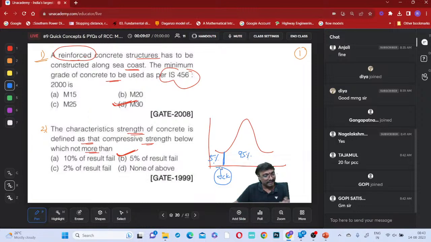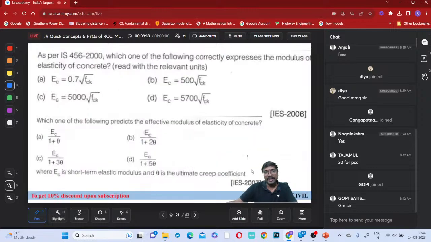Then you can call it this: the characteristic compressive strength. Is it clear, everyone? That is the second question.